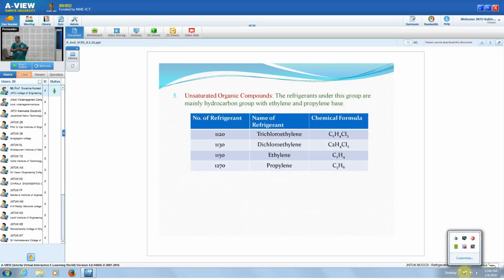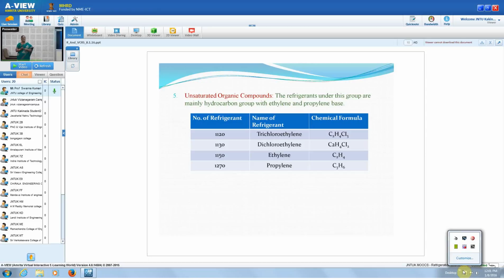Unsaturated organic compounds are represented by 4 digits. The last 3 digits represent the same nomenclature. For example, C2H4Cl2: the number of that refrigerant is 1130.